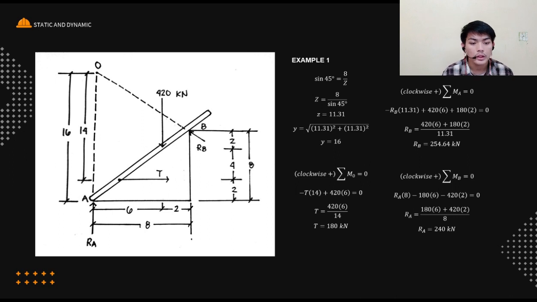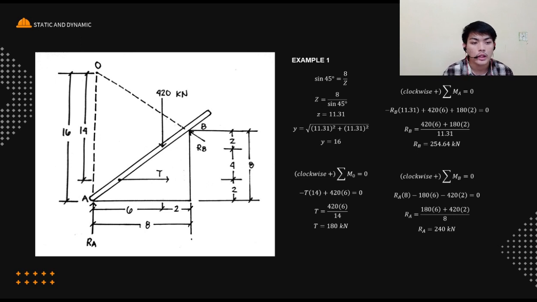If we transpose T to the right side, we have positive T times 14. To isolate T, we divide both sides by 14, leading to T equals 420 multiplied by 6 over 14, giving our tension force of 180 kilonewtons.